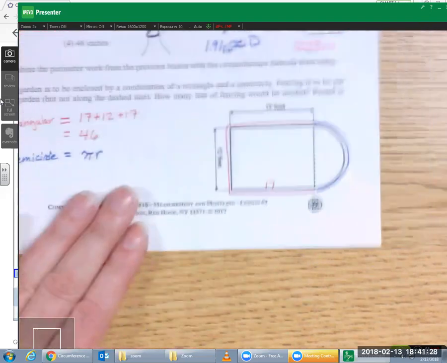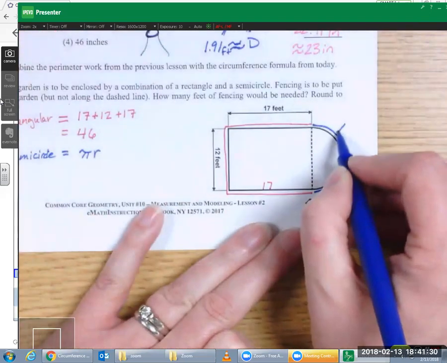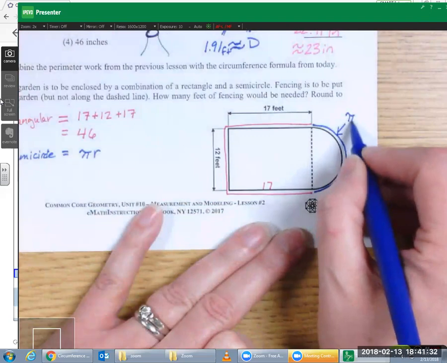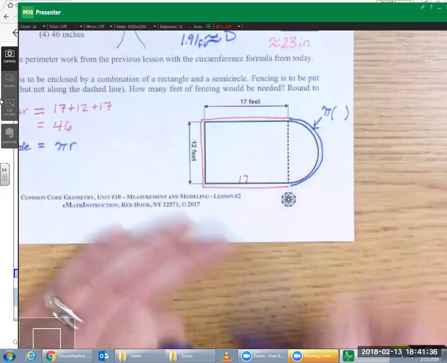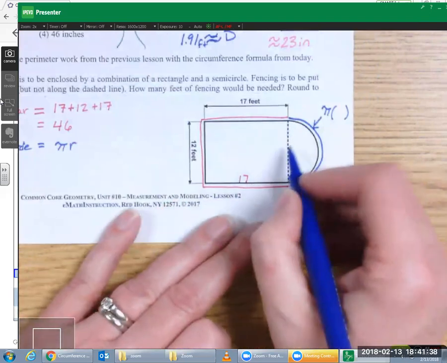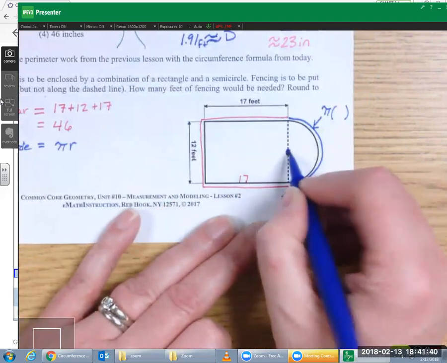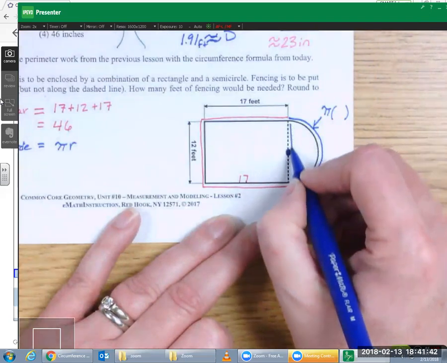So let's use that in our picture. Pi times r. Pi times, what's our radius here? What would we fill the blank in with? Okay, keep in mind, the radius is from the center, that would be the center of the circle, out to the edge of the circle. I'm going to do it right here. What would this length be?